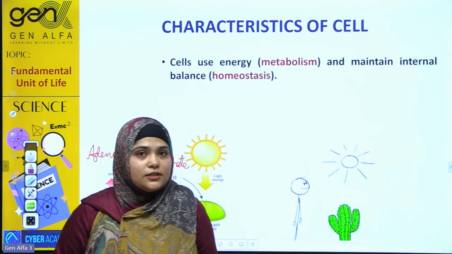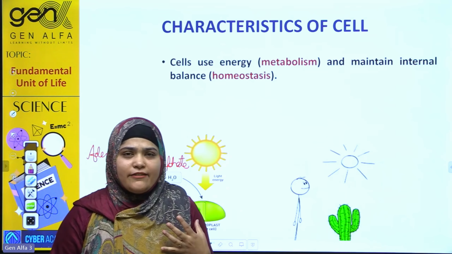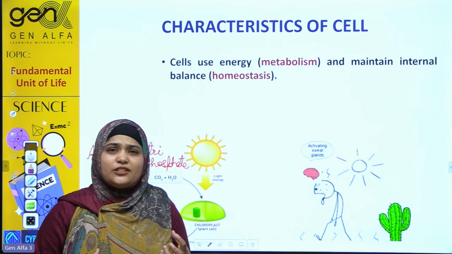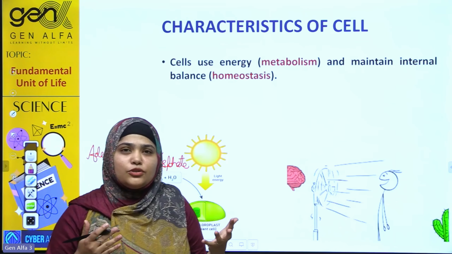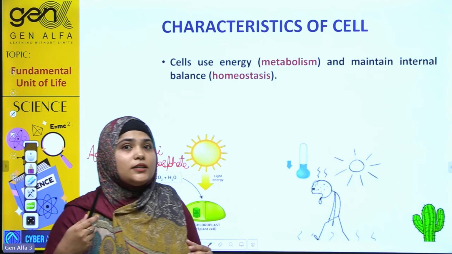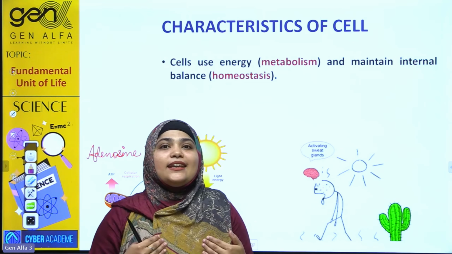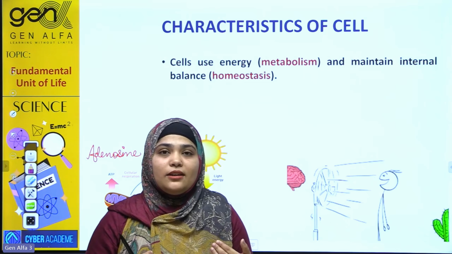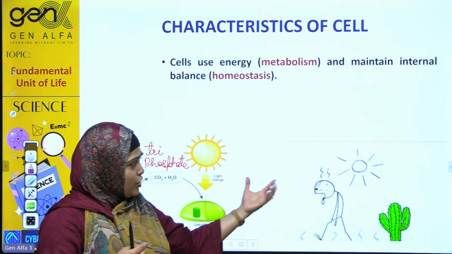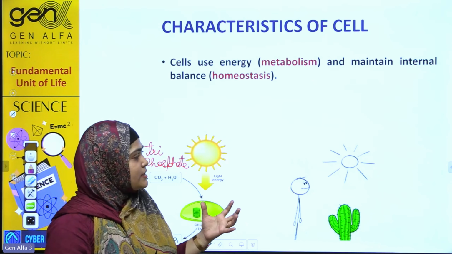What kind of changes? pH changes, water and salt levels, and gas changes, so oxygen and CO2, temperature changes. These are the changes which occur outside the body. So cells have the ability to maintain a stable environment inside. This is one of the examples of how cells perform the process of homeostasis.